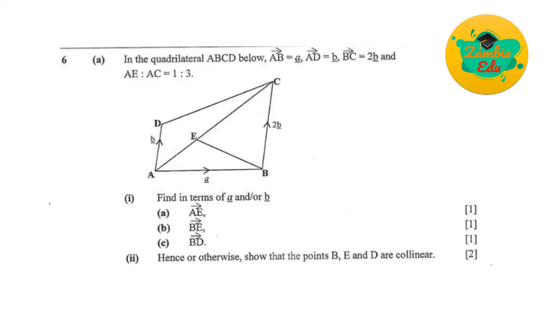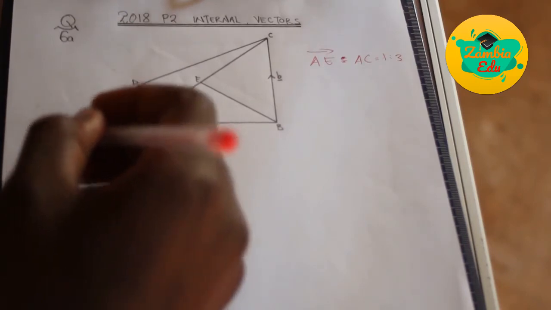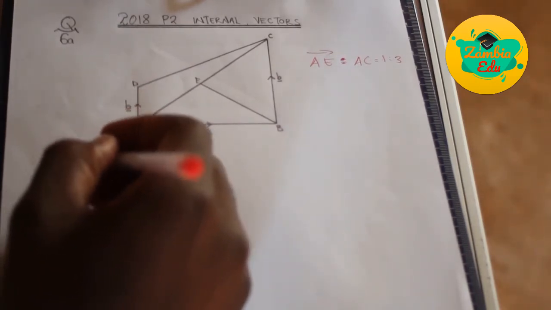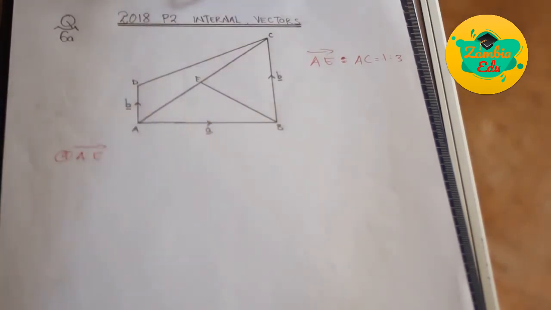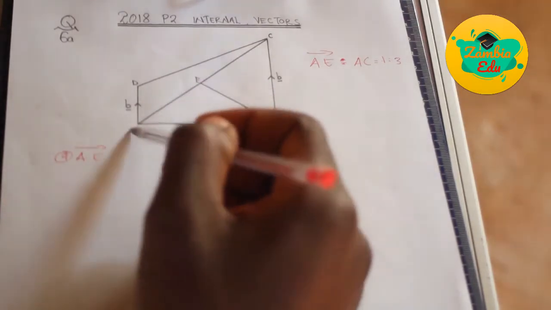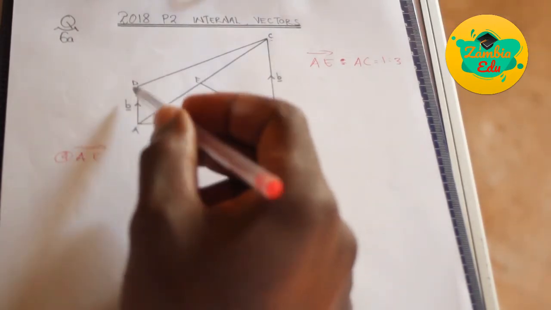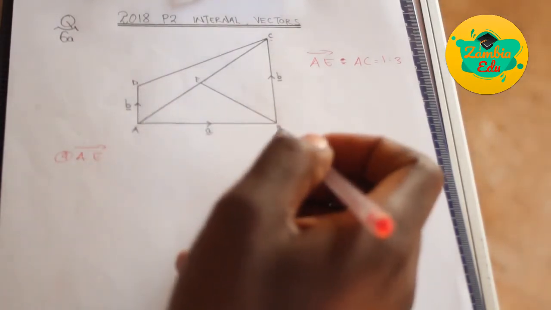Question: find in terms of A and/or B, vector AE. So where is vector AE? Vector AE is here. We have AD and AB there.